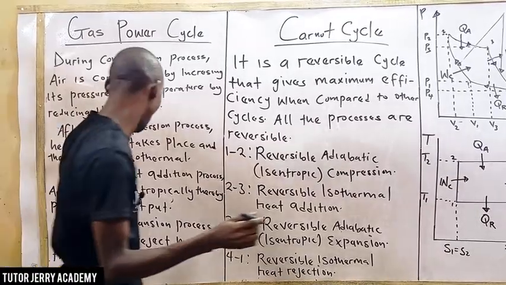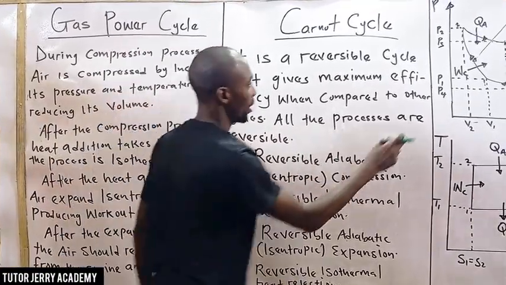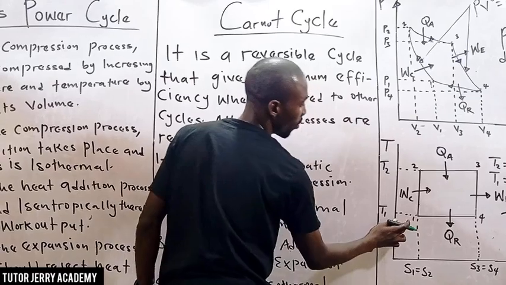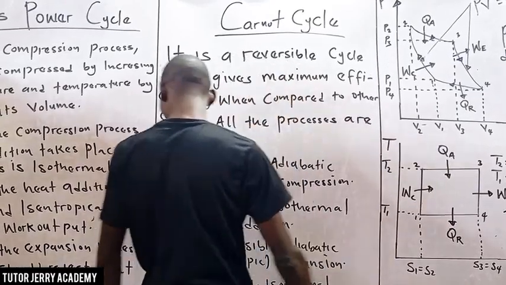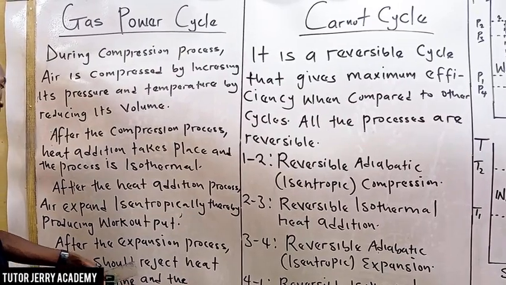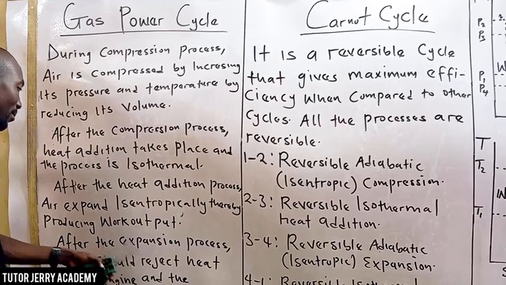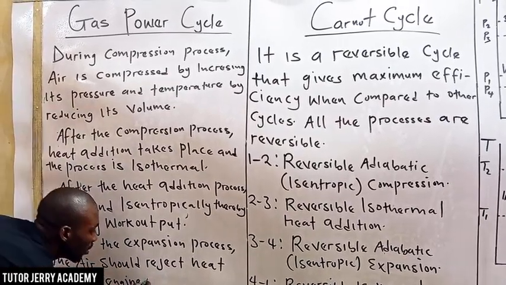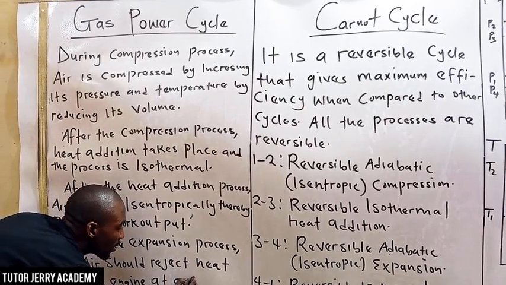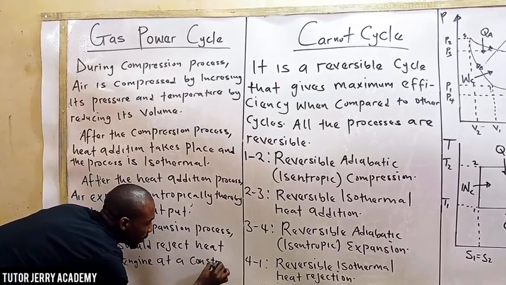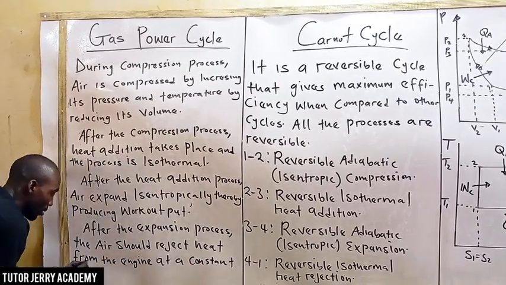Because if you go to the TS diagram, from 4 to 1 is a constant temperature. So let's write: after the expansion process, the air should reject heat from the engine at a constant temperature.